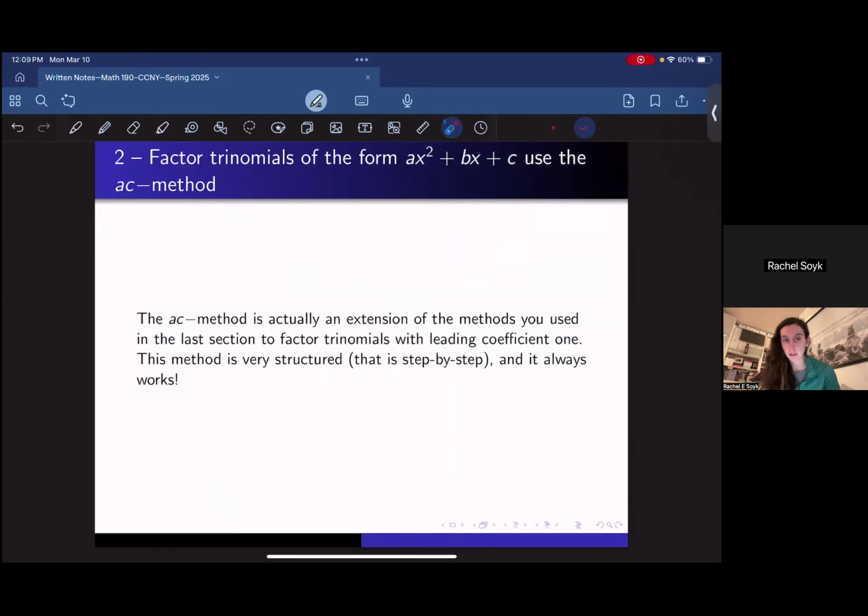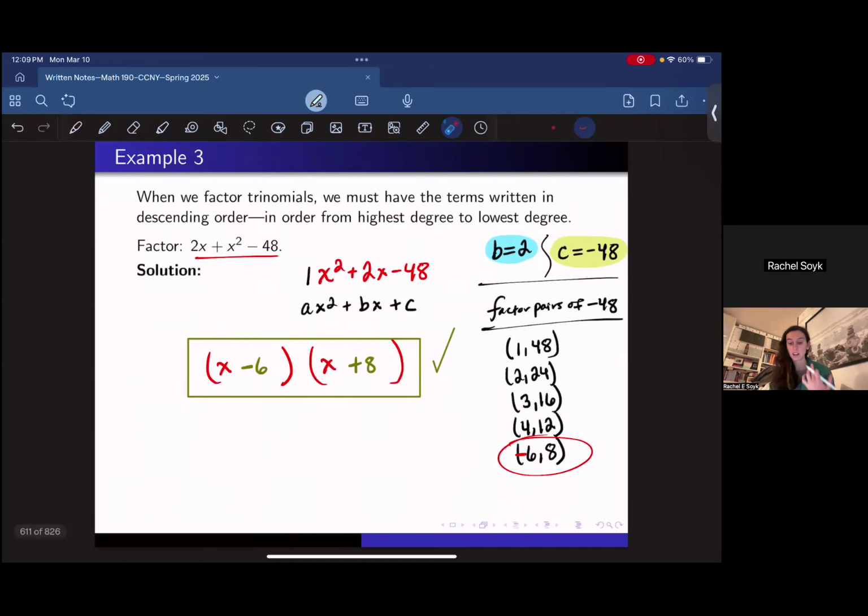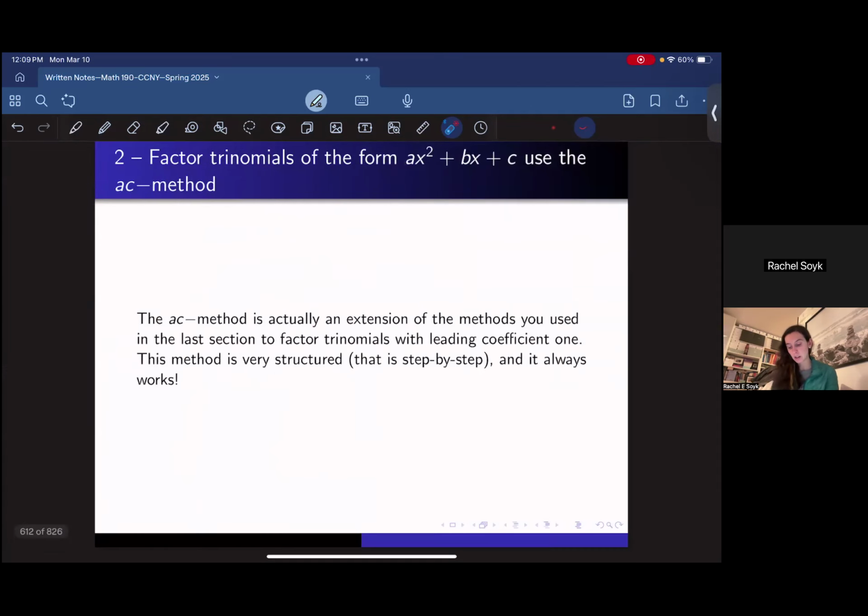Right, we have another little notes comment. And this is sort of to transition into trinomials where we don't have 1 as our a value. We may have something else. So it's sort of like the extension of this traditional method that we have been practicing for the past few examples.